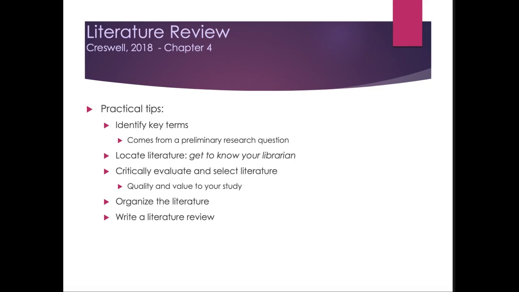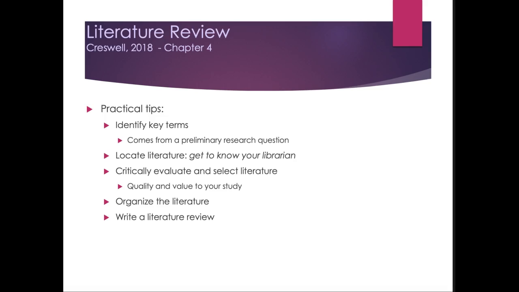Evaluate the literature you are identifying as potentially helpful. One way to do so is to actually use the library page because it has some useful information. For example, it will identify very often, not always, but very often, whether this is a professional journal or a peer-reviewed research journal, and so on. So then it helps you evaluate the validity of that particular article or book or whatever it happens to be in supporting the research that you do.